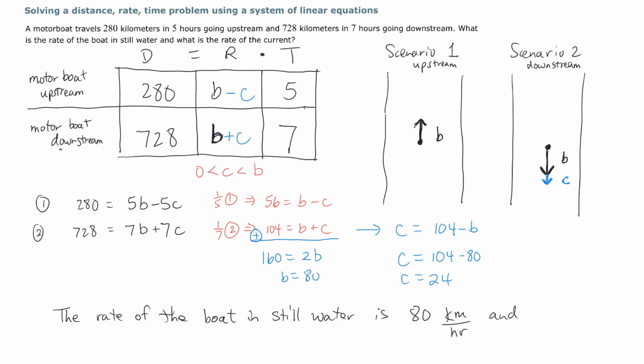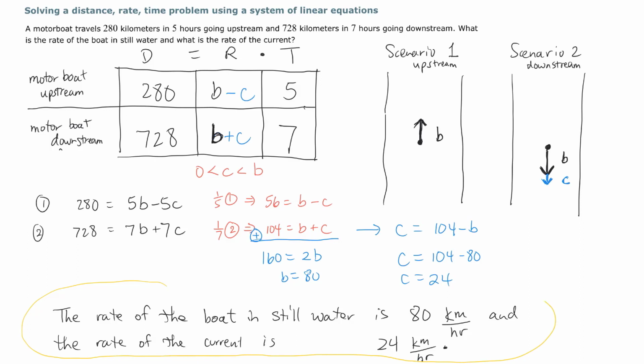And the rate of the current is 24 kilometers per hour. Pretty fast. So make sure you remember to write your units next to your number. Typically, if you're given a problem using words and sentences, you should answer it back using words and sentences.